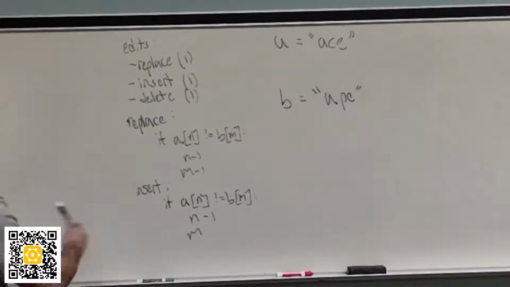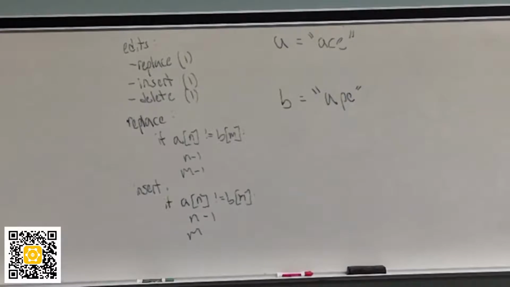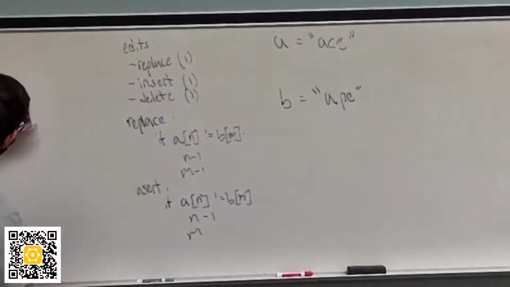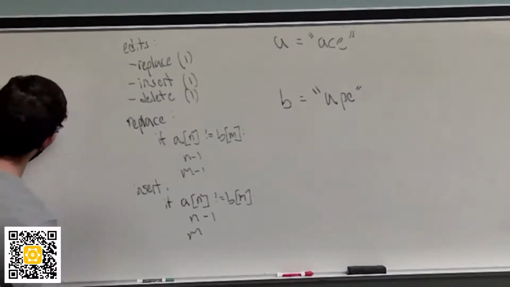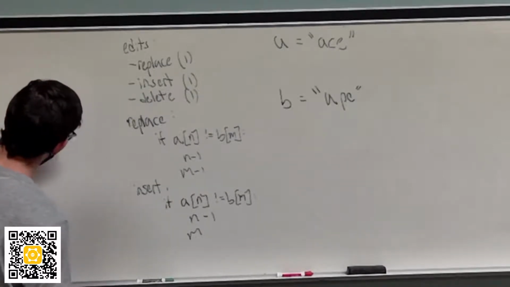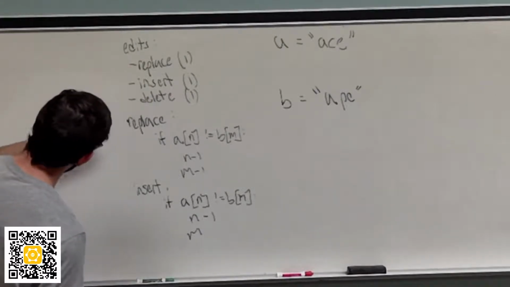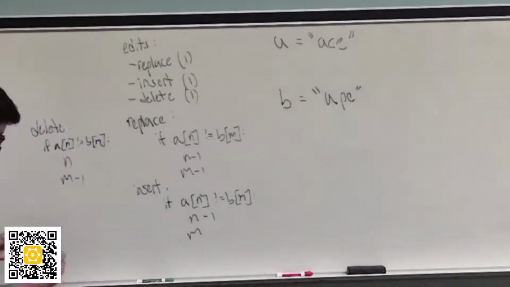And then delete is the exact same thing, but the other way. It's just going to be n minus 1.